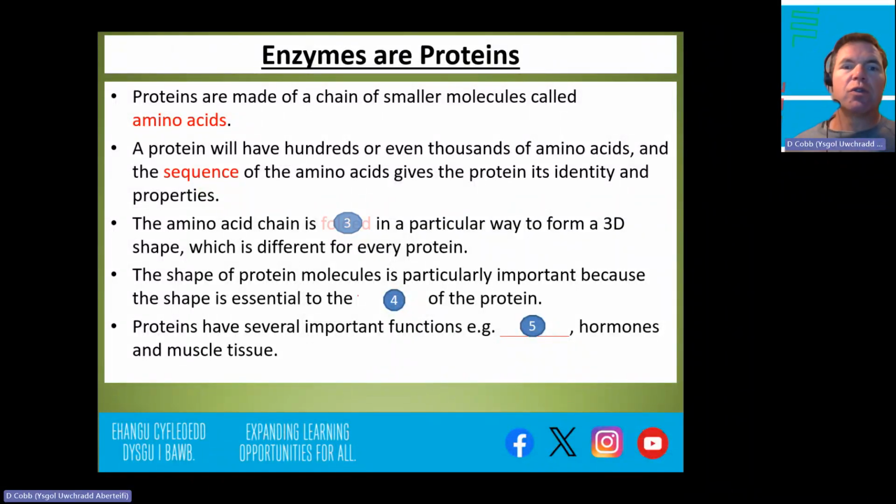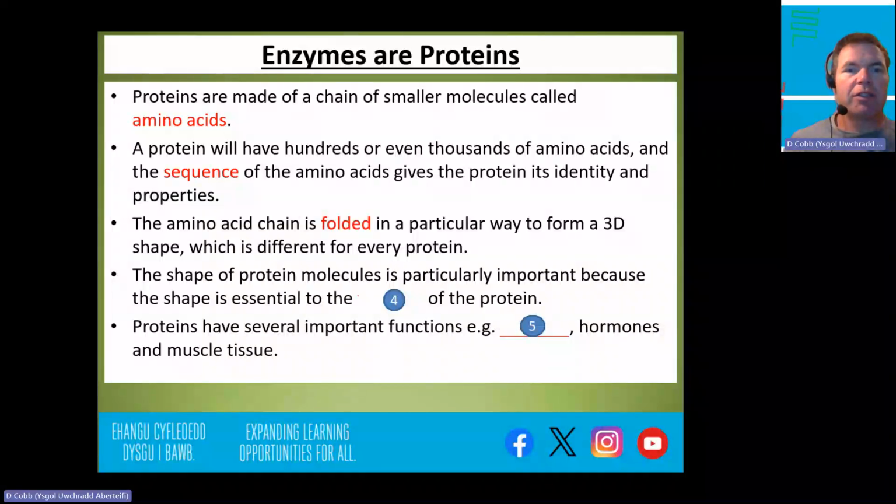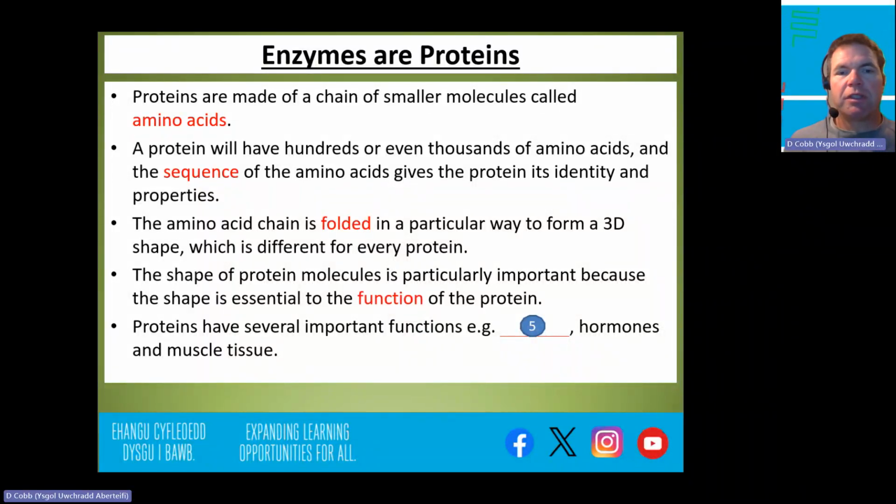The amino acid chain is always folded in a particular way to form a three-dimensional shape, and that's different for every protein. And that shape of the protein molecule is particularly important because shape is essential to the function of the protein. And finally, proteins have several important functions, enzymes being the one that we're going to focus on, but there are many others.